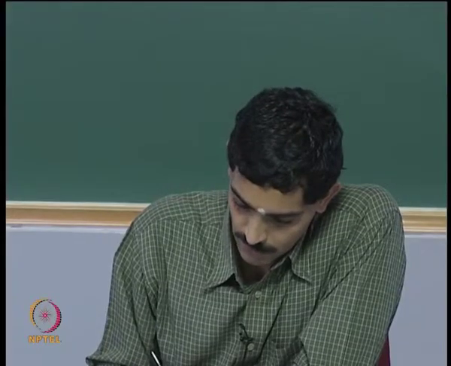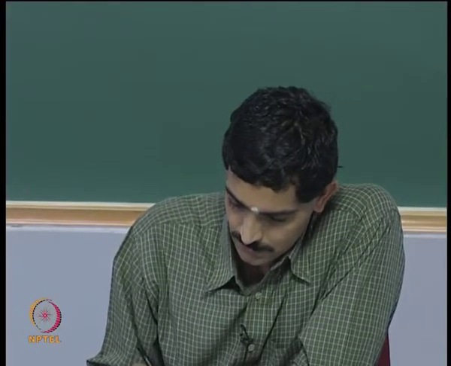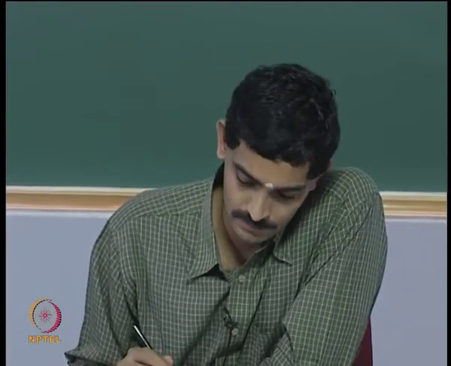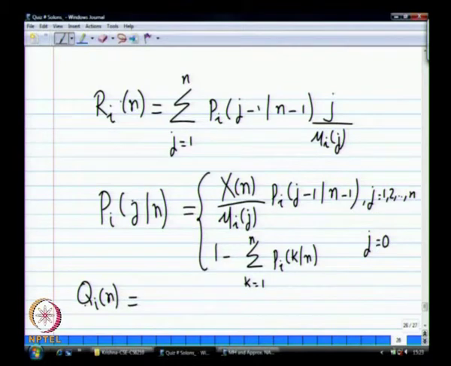And then Qi of n. What will be Qi of n? Should I write it down, or can you just tell me what that is? What is the probability of j customers in this queue, or so when there are n customers in the system, what is the average number of customers at Qi?